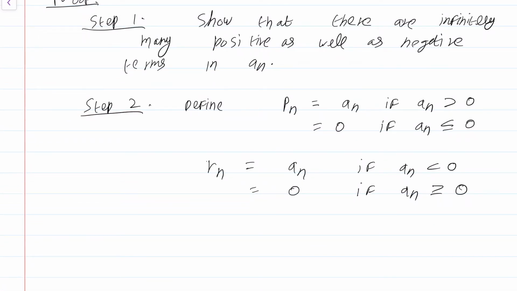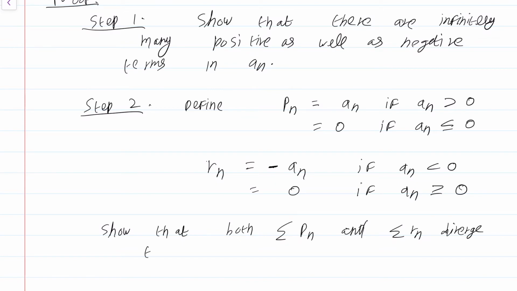Okay. Step 2 is show that, if you don't mind, I will put a minus sign here because it will make the statement I am about to write simpler. Show that both summation Pn and summation Rn diverge.